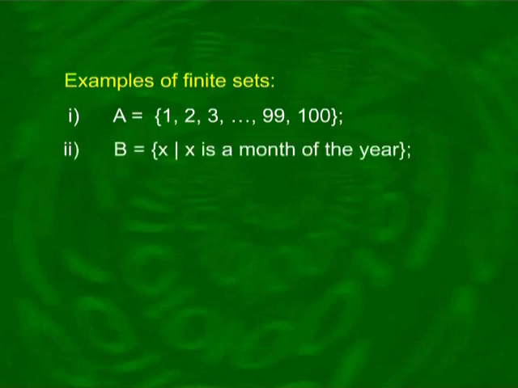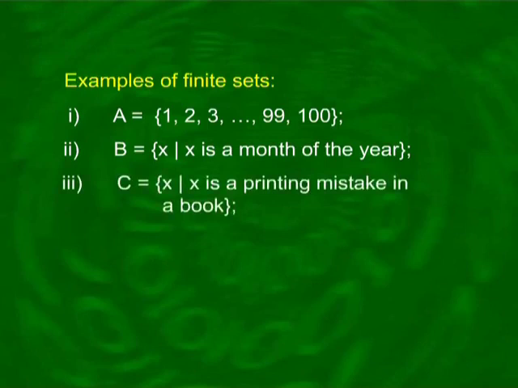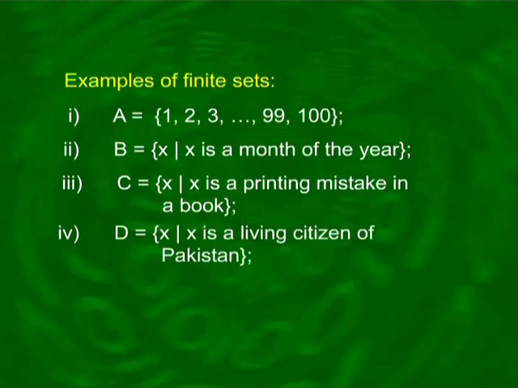Examples of finite sets would be the set A consisting of all the positive integers from 1 to 100, the set B consisting of x values where x represents a month of the year, C representing those x values which represent printing mistakes in a book, and D representing those x values which represent living citizens of Pakistan.